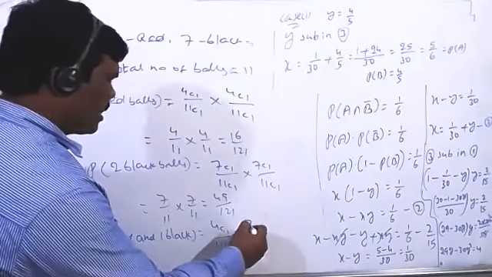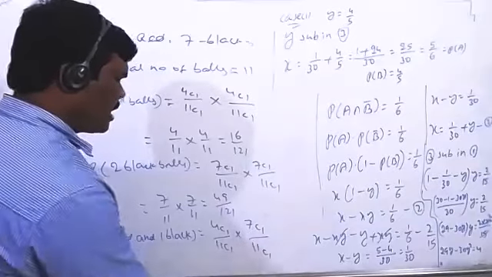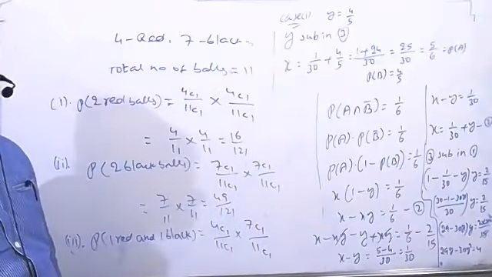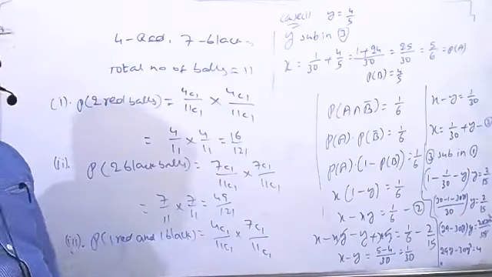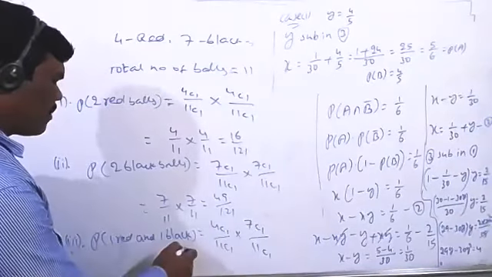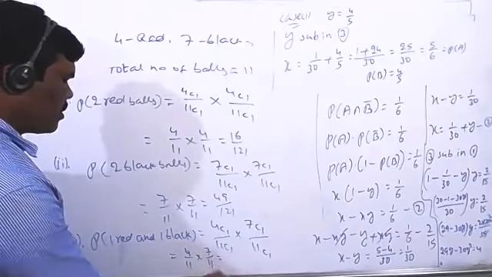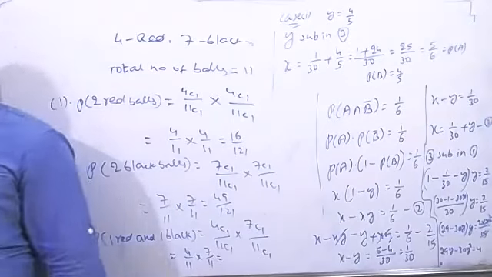The black ball you can write now 7C1 by how much? 11C1, with replacement. The 11 balls will be there. So you can write now 4 by 11 into 7 by 11. Multiply.